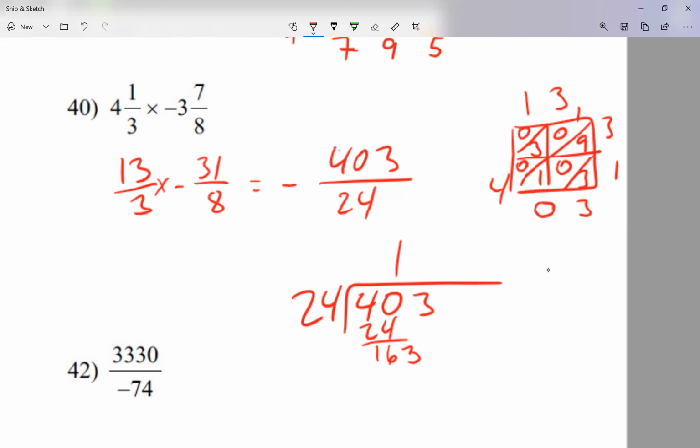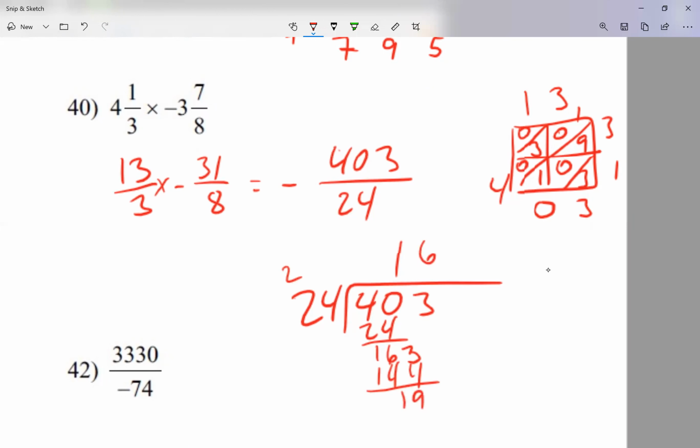How many 24s can we add until we get to 163? And I'm going to say 6. 6 times 4 is 24. 6 times 2 is 12, plus the 2 is 14. 163 minus 144 is 19.